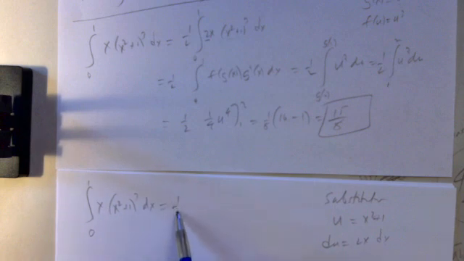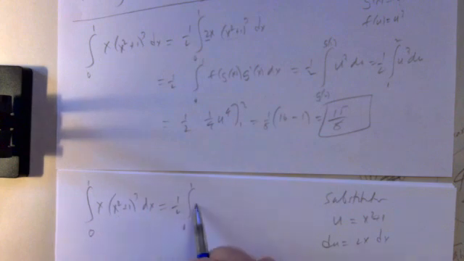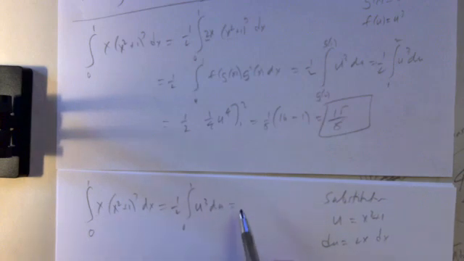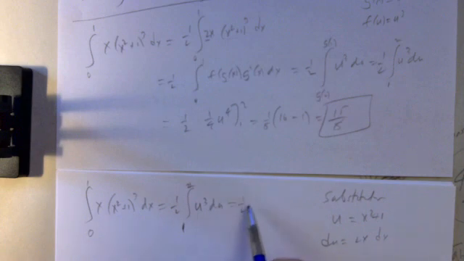So this is 1/2 the integral of u cubed, and 2x dx is du. When x is 0, u is 1, and when x is 1, u is 2. So we get again 1/2 times 1/4 u to the 4th from 1 to 2, which is what we just evaluated.